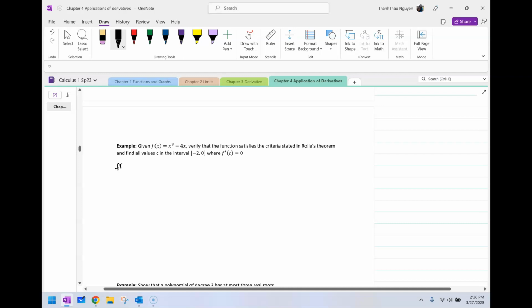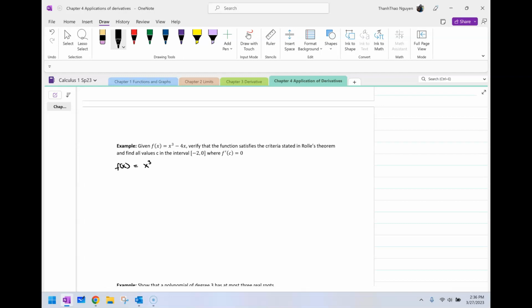Because f(x) is a polynomial, it is continuous on the interval [-2, 0] and differentiable on the open interval (-2, 0).